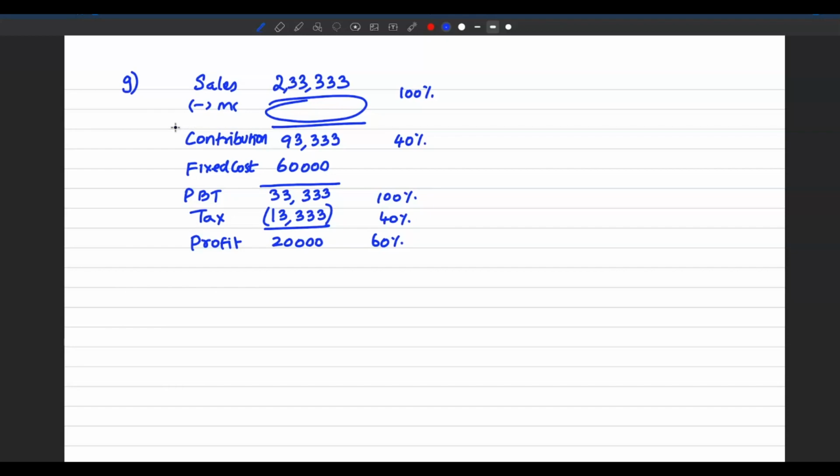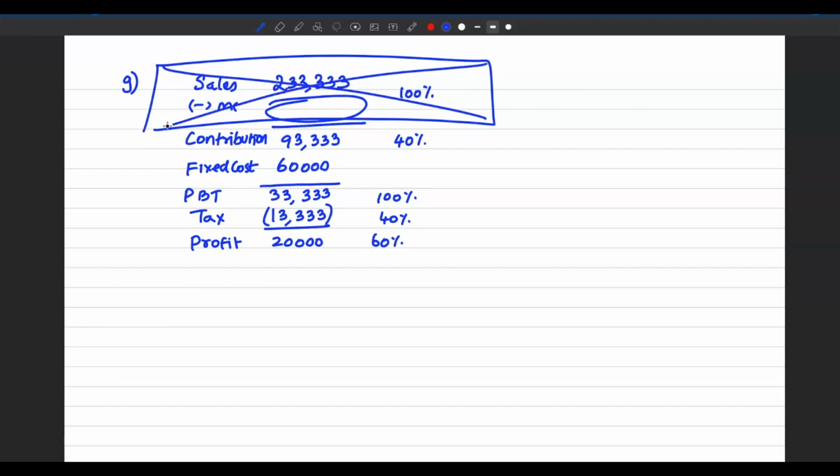Okay, we'll take that as a balancing figure. But actually we could avoid this step which I explained in the beginning. Okay, nothing wrong in calculating this, because here our target is not finding the sales value, rather it is only finding the sales units, and that very well we can find by taking the contribution, dividing it by contribution per unit.